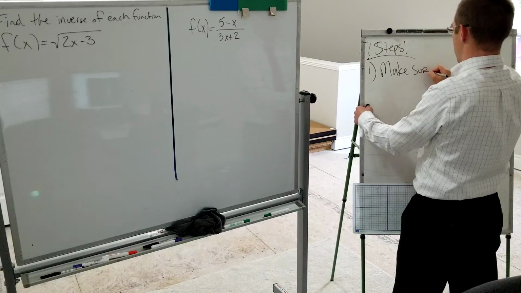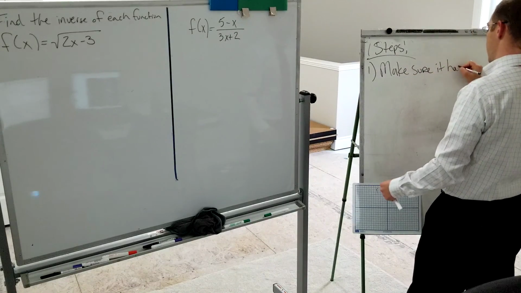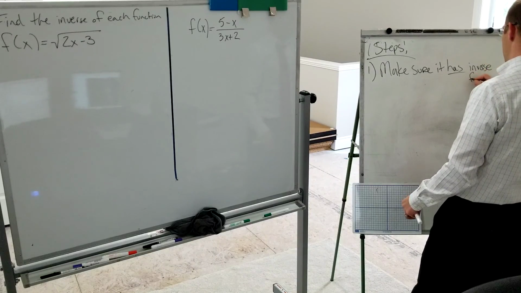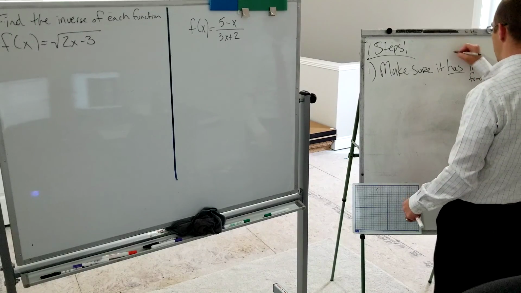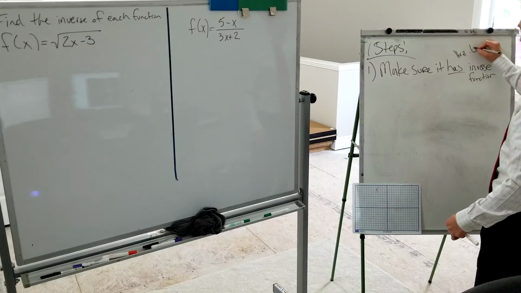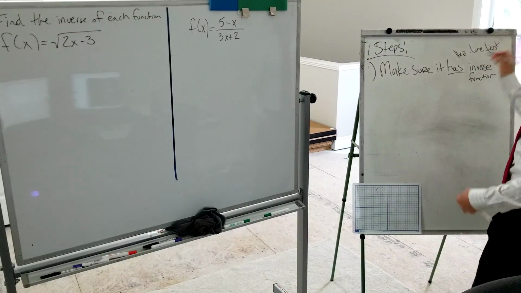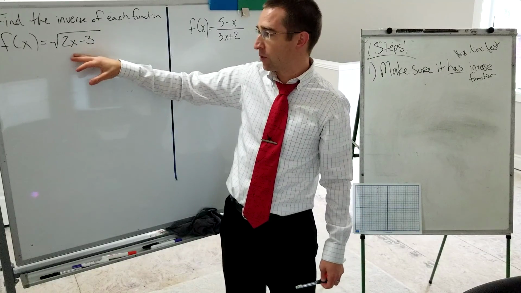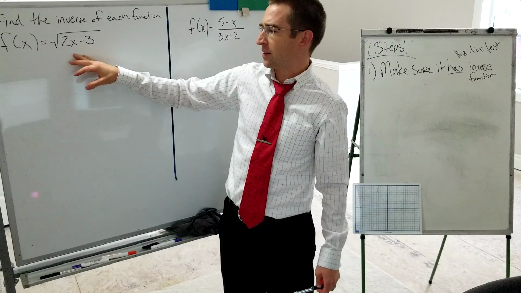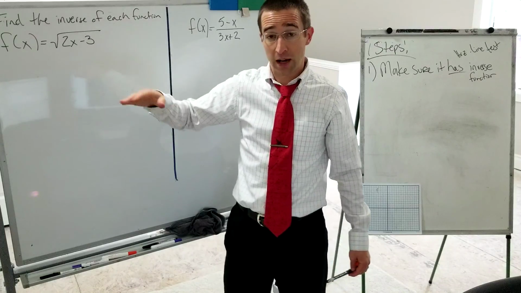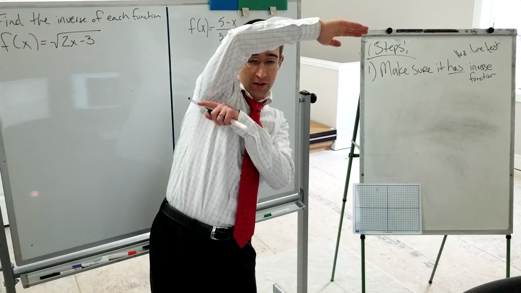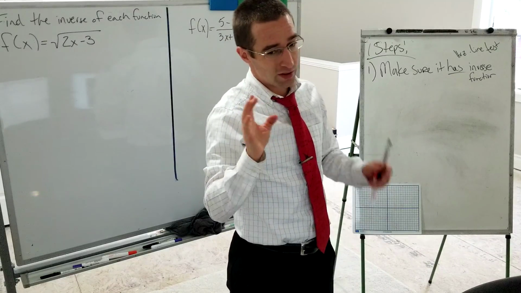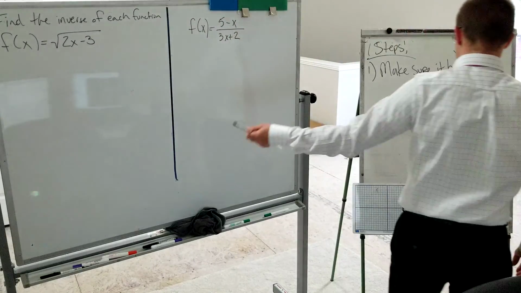This is your horizontal line test. If we look at this, we know the graph of square root of 2x minus 3 looks like this. Any horizontal line will hit once and only once. We're good. So, yes, it has an inverse function.